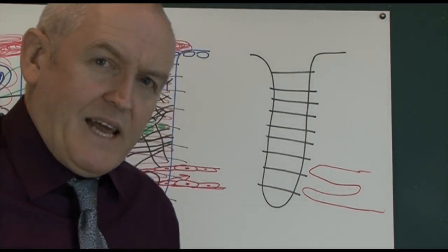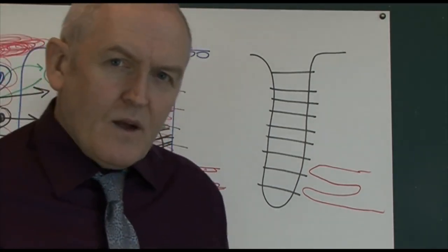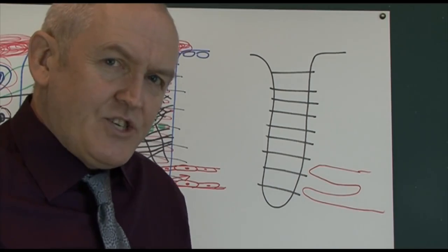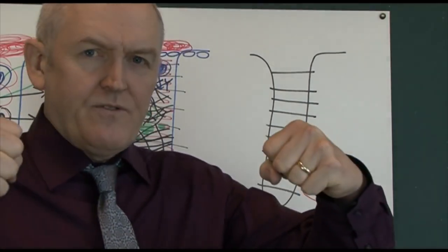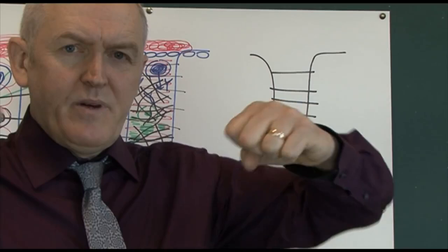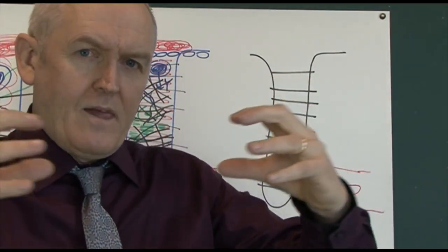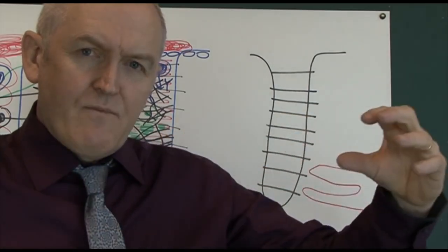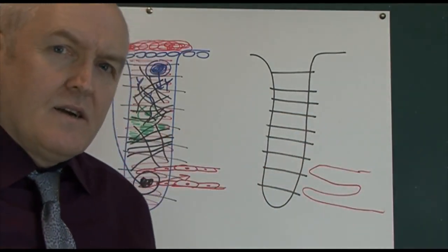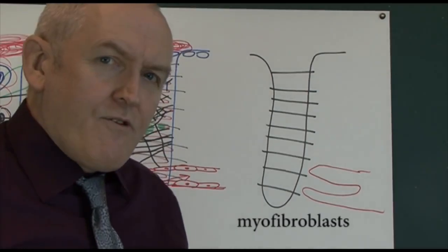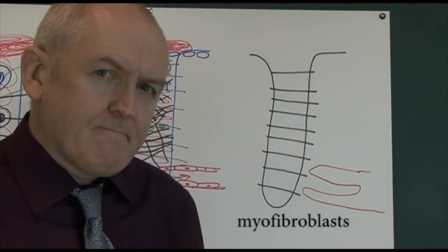Now, the fibroblasts in the wound, what they do is they differentiate from being individual fibroblasts into being strips of fibroblasts altogether. And when you get strips of fibroblasts altogether, we call these myofibroblasts.